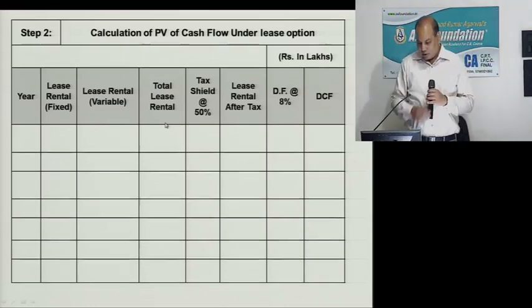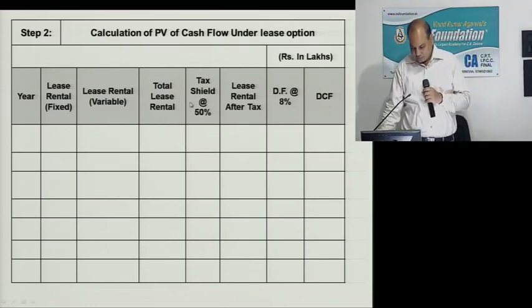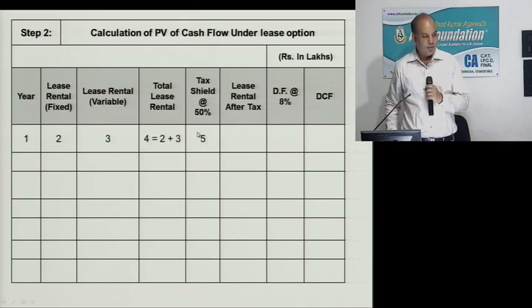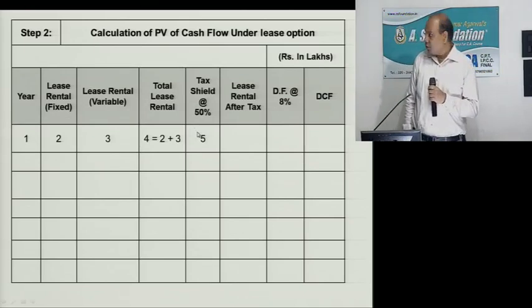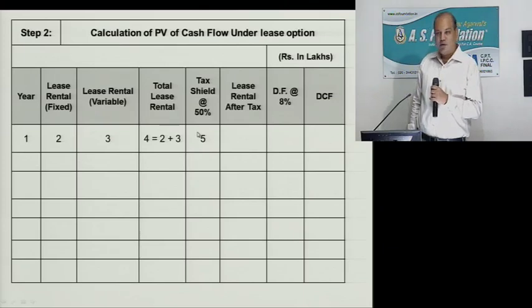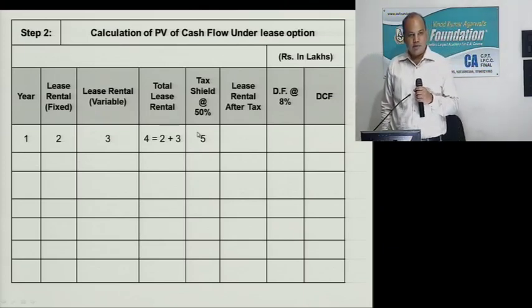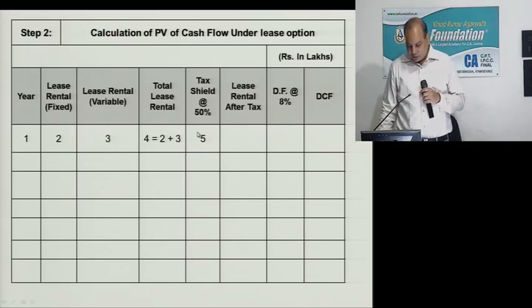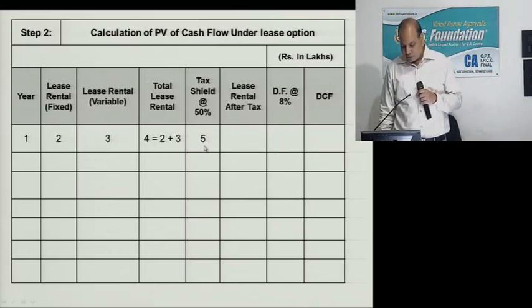Tax shield at the rate of 50%. Lease rental in India is a tax deductible expenditure. So from financial management point of view, it's a good option to go for leasing and save taxes. This is what we will pay, and this is what we will save.